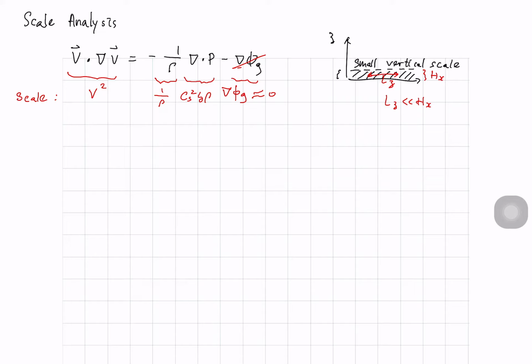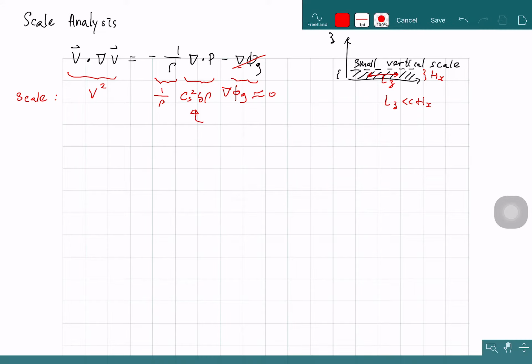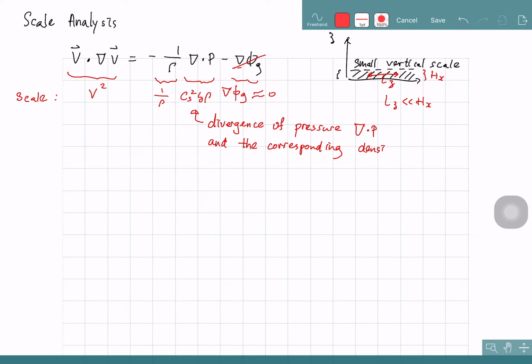Okay, so the physical meaning of this term is that it's the divergence. You can see this, right? Divergence of the pressure corresponding to the density variation due to sound waves.